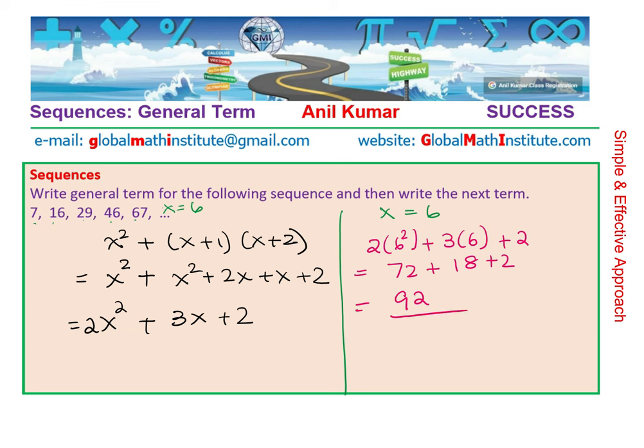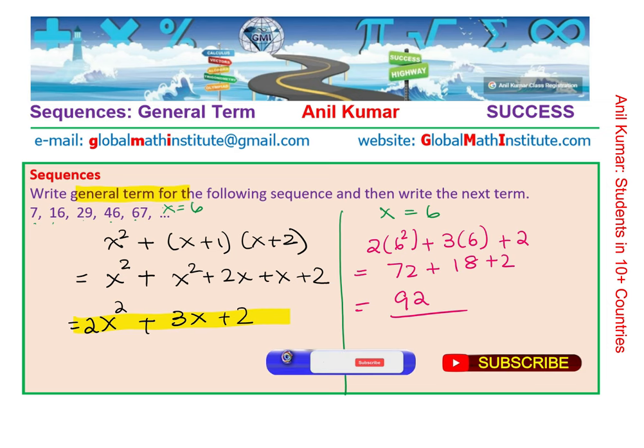So we get the sixth term as 92, and we get our equation, which is the general term, as 2x squared plus 3x plus 2. Makes sense, right? That is how we are going to get the general term for a non-linear sequence as shown here.